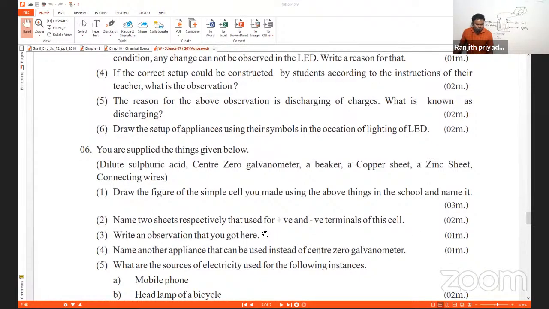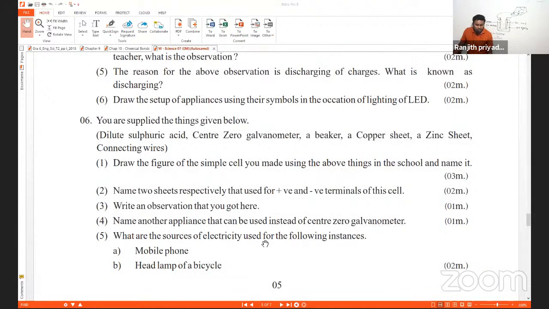Okay. Write an observation that you got here. The center zero galvanometer deflects slowly. There's a small mistake there. Saying the center zero galvanometer deflects means the galvanometer moves. The indicator of the center zero galvanometer deflects.